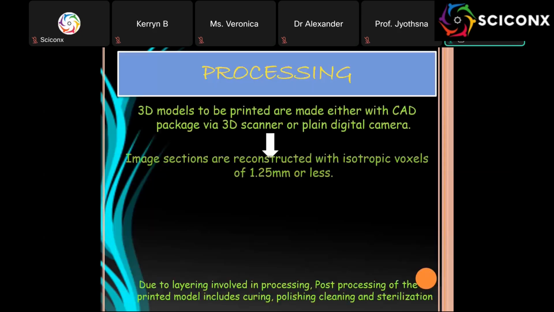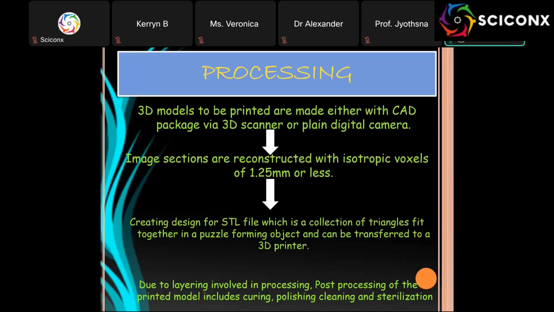Now, this is how the processing of this three-dimensional technique is done. Again, through the CAD-CAM technique, the three-dimensional scanner or a plain digital camera scans what is going to be printed, and the image will start sectioning, reconstructed with isotropic voxels of 1.25 millimeter or less.